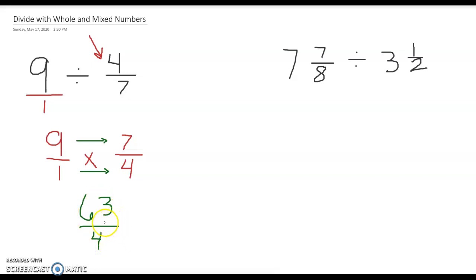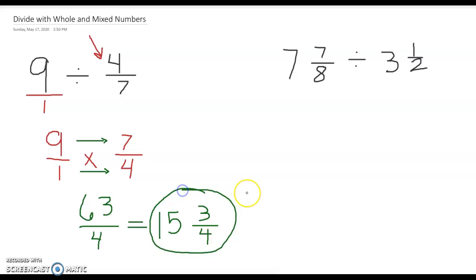No. However, we can never have an improper fraction. So therefore, 4 goes into 63 15 times before going over, and we are left with 3. And our answer is 15 and 3 over 4.